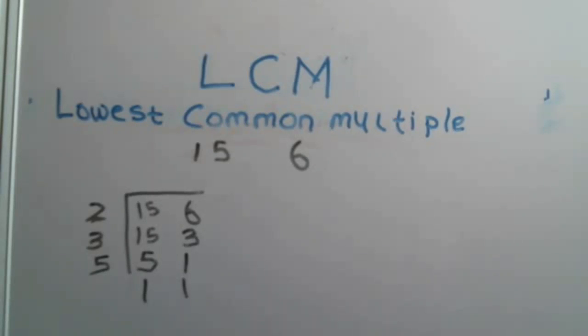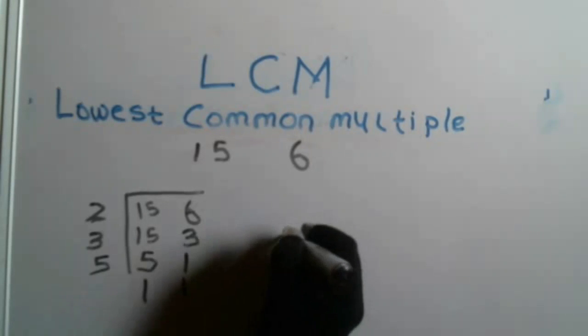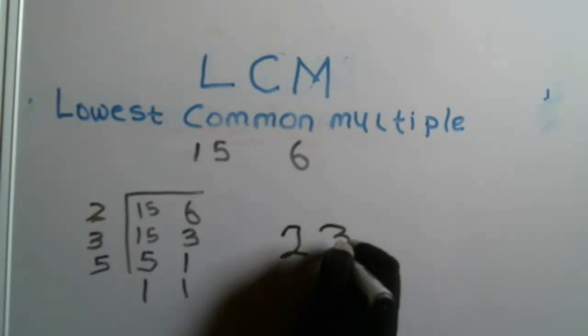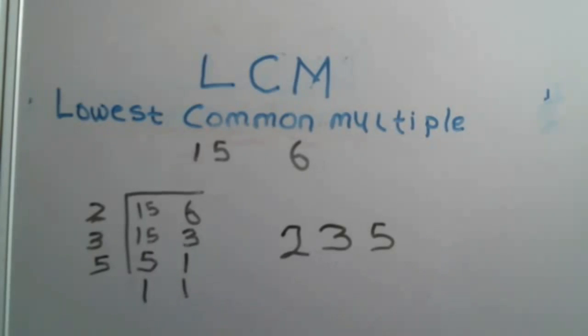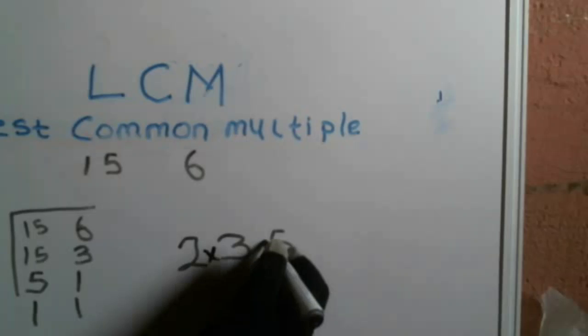What we are now concerned with is the numbers we generated from that procedure, which are 2, 3, and 5. So let's write it here: 2, 3, and 5. What do we do with these numbers? We multiply them by each other.